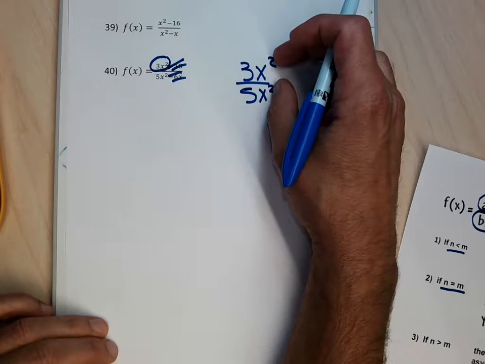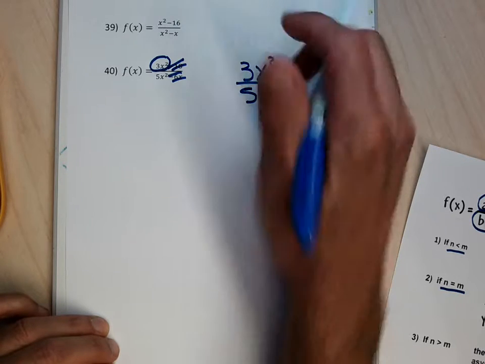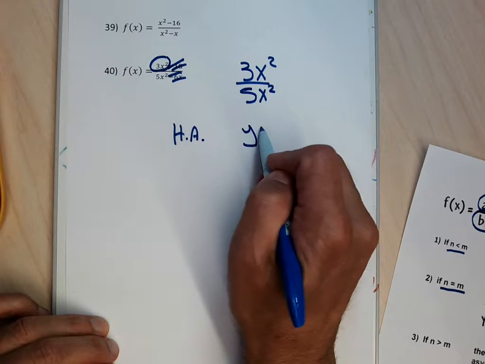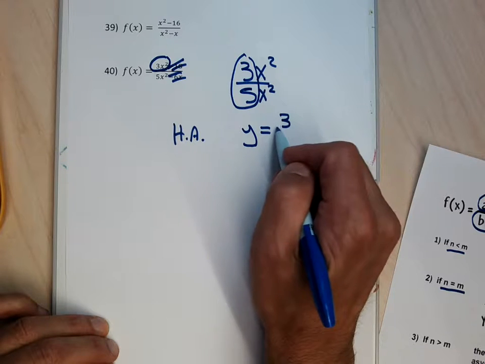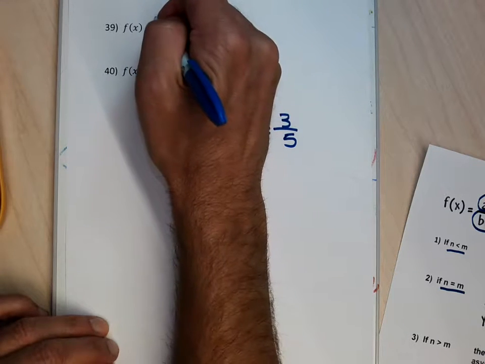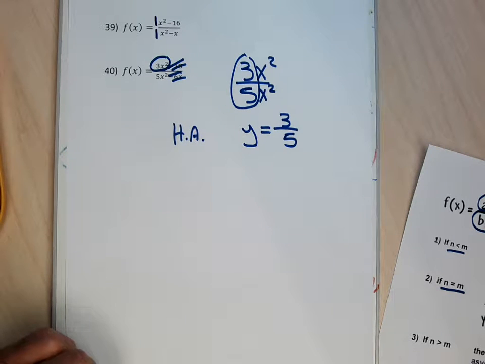If the exponent in the numerator is tied with the exponent in the denominator, then you get the horizontal asymptote by just writing y equals, and you make a fraction that has the coefficients of those x terms. And that's all there is to do for problem 40. Similarly, that's all there's going to be to do for 39. But in 39, you have to think of the terms in the numerator and the denominator for the x squared terms as having 1s in front of them.